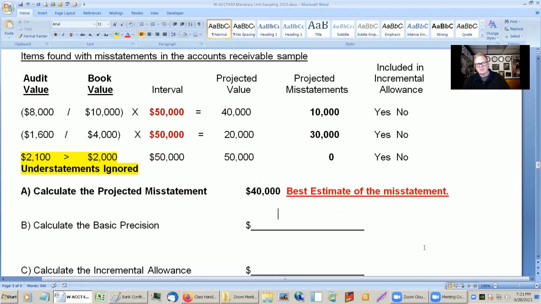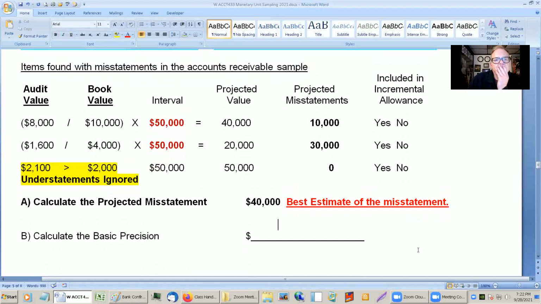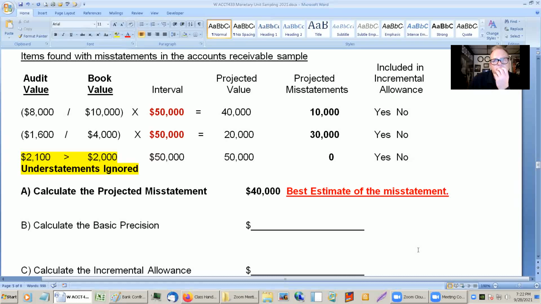Our best estimate of the misstatement is $40,000. Any questions on that?